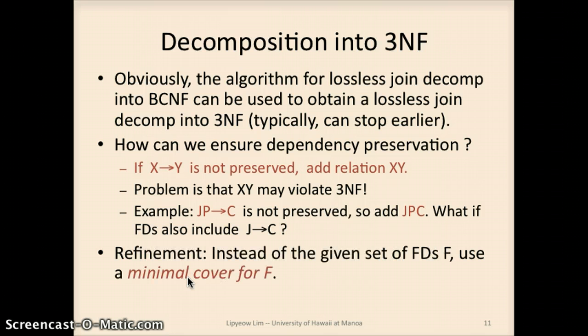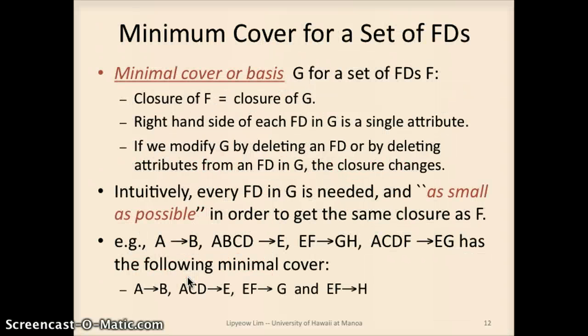So instead, we're going to use what's known as a minimal cover for F. And if we use a minimal cover, things will work out. The minimal cover is really just the minimal set of FDs that's equivalent to the closure. You normalize all FDs so that the right hand side is a single attribute, and you try to delete attributes from FDs such that the closure doesn't change. Intuitively the cover is as small as possible.